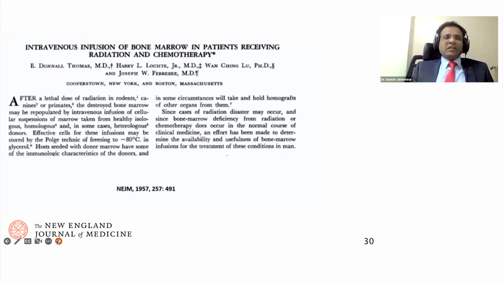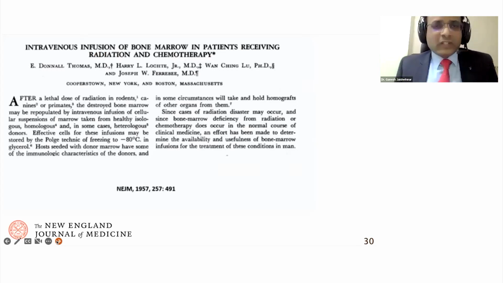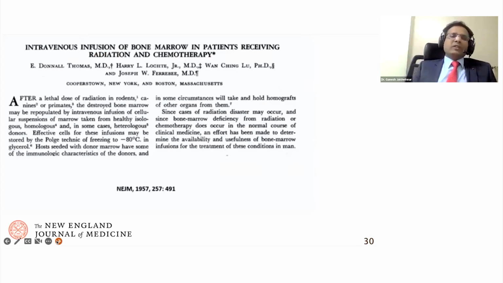Six of these patients were treated with lethal irradiation to destroy their terminal blood cancer, and then were rescued with hematopoietic stem cells. But none of them survived, and out of 6, only 1 had transient hematopoiesis, and all of them died before day 100 post-transplant. But this was the first attempt.